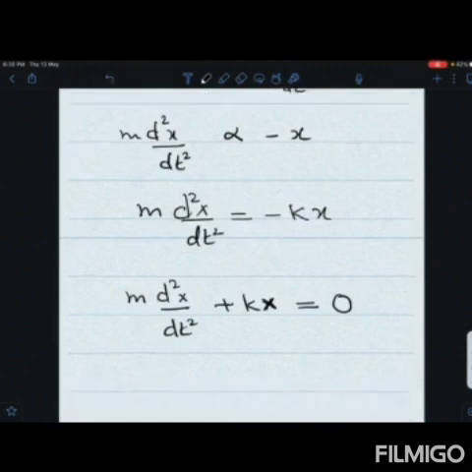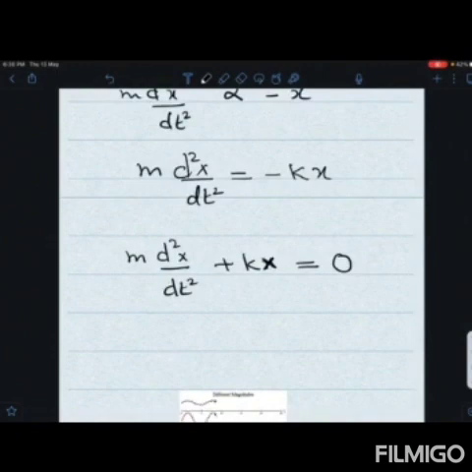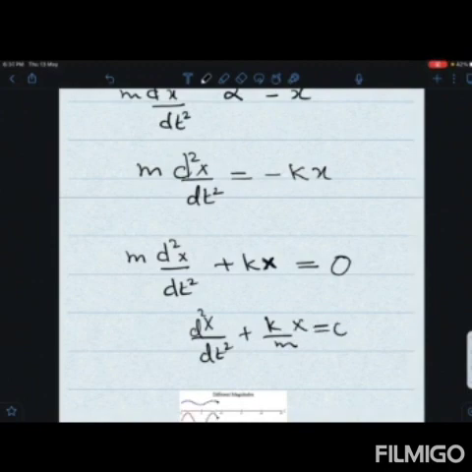Now dividing through by m, we have d square x by dt square plus k by m x is equal to 0.